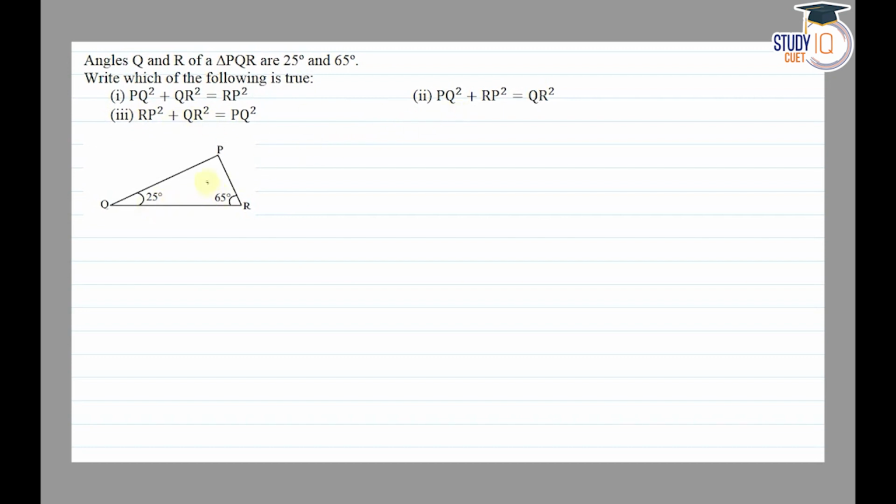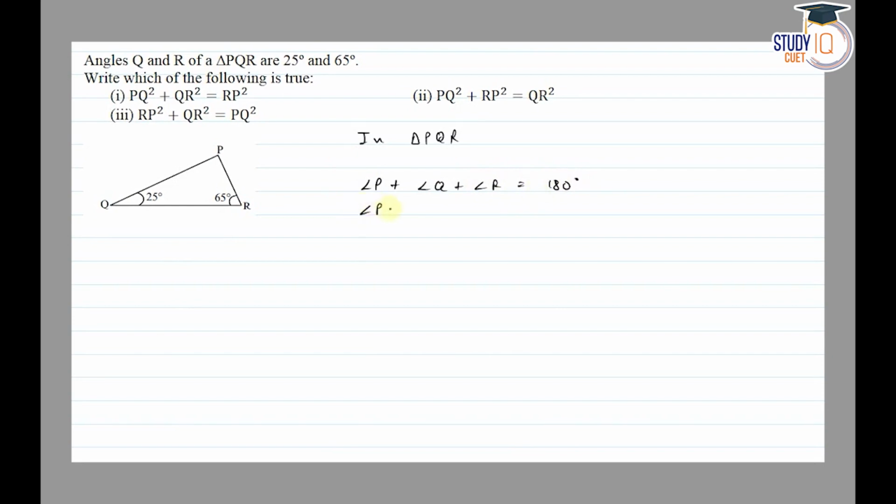So in triangle PQR, the sum of all interior angles is equal to 180 degrees. So angle P plus angle Q plus angle R is equal to 180 degrees.